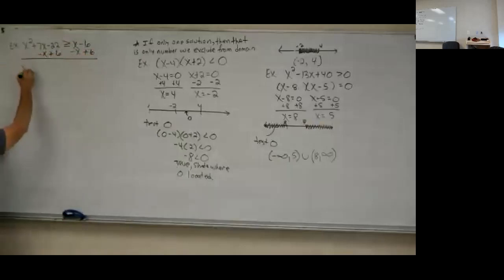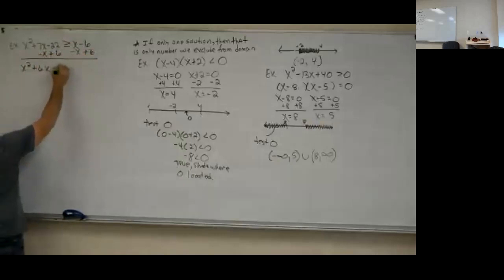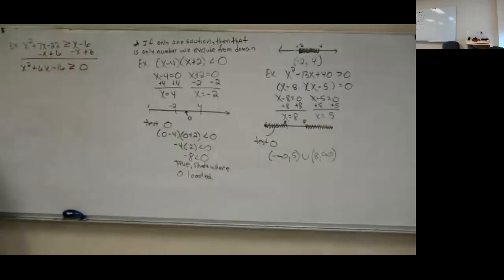We get x squared, 7 minus 1 is 6x, minus 22 and 6 is minus 16, greater than or equal to 0 now. So you notice I got an equals in this one, so we will use brackets when we come to the interval stuff, okay?